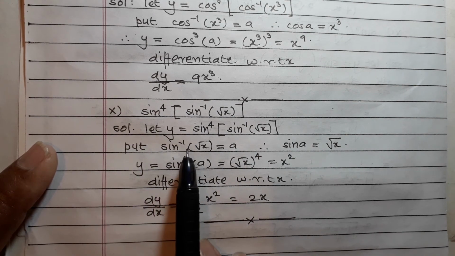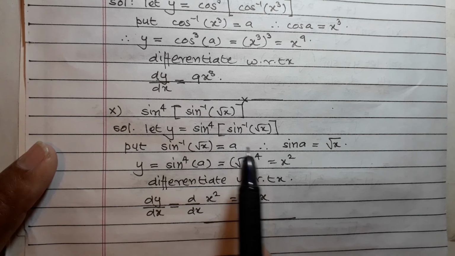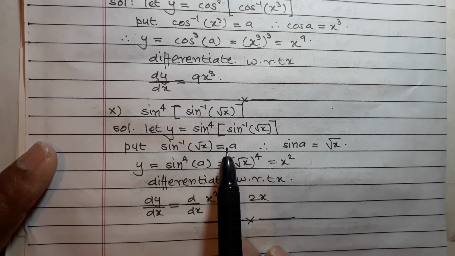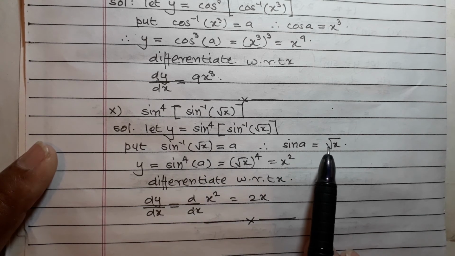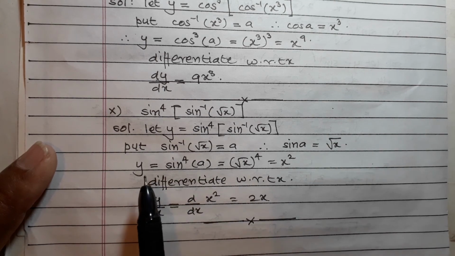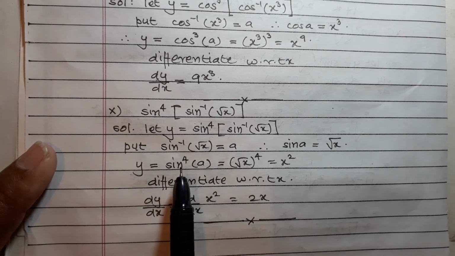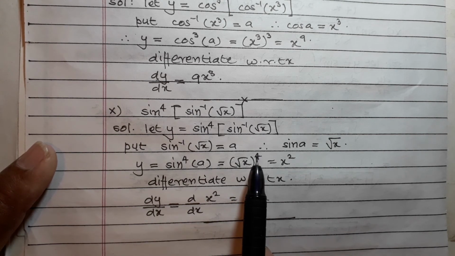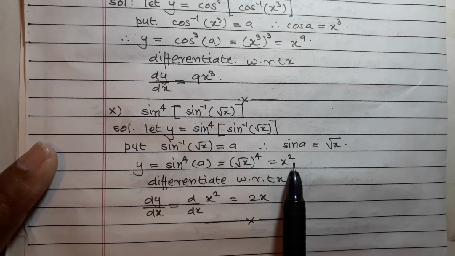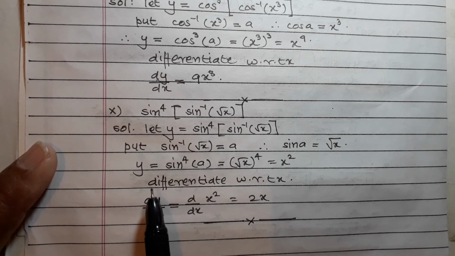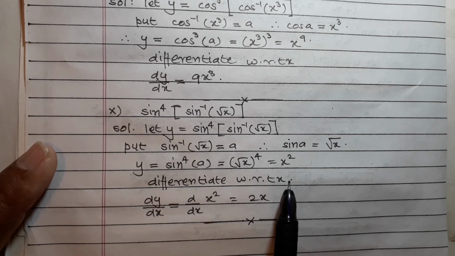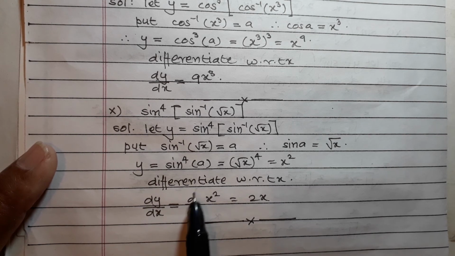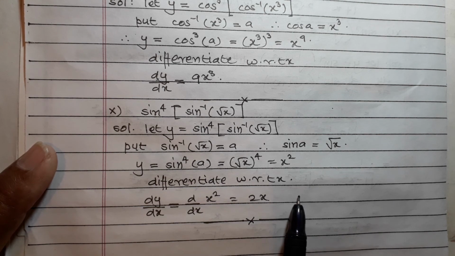So put sine inverse root x is equal to a, and therefore now sine a is equal to root x, and y is equal to sine a raised to 4, which is root x raised to 4, and is equal to x square. So y is equal to x square, and this you differentiate with respect to x. dy/dx is equal to d/dx of x square, and is equal to 2x.